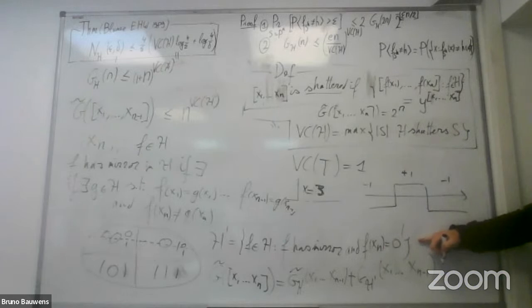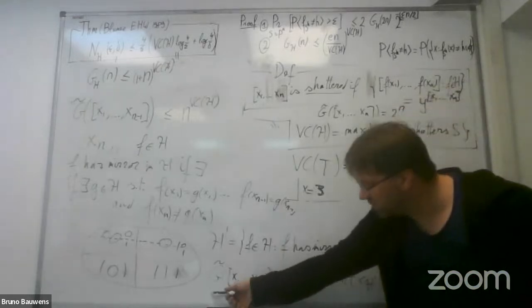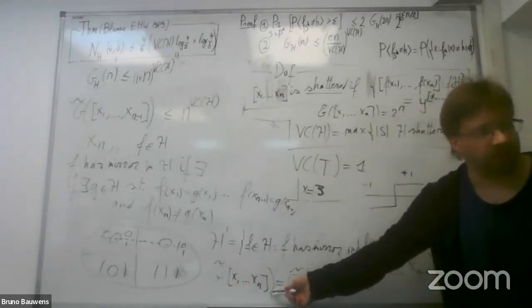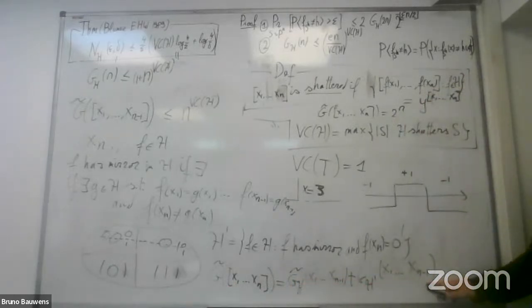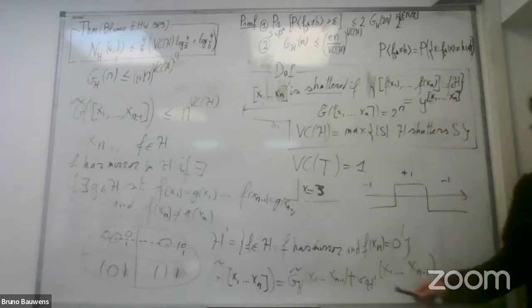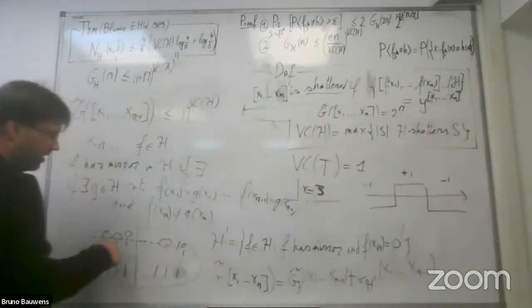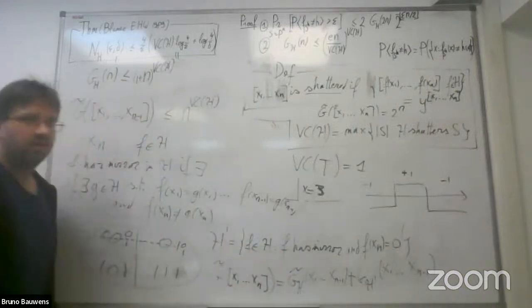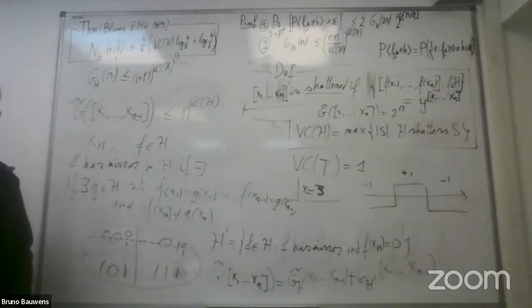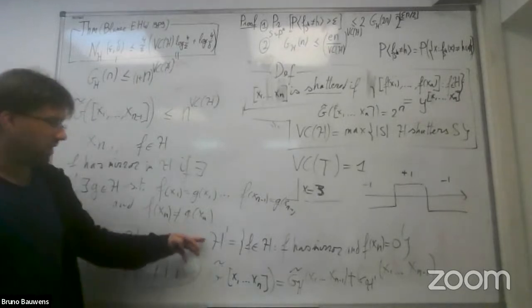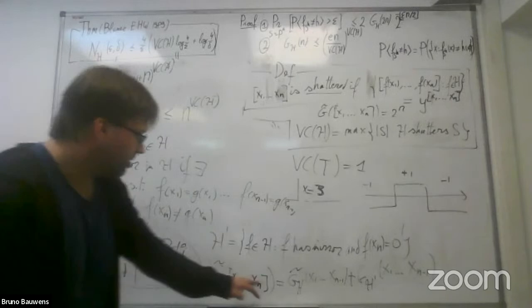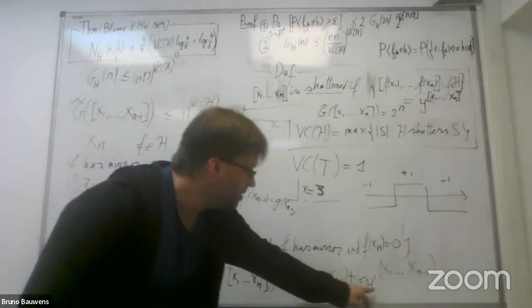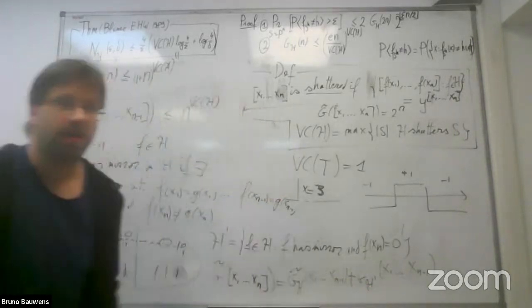Okay, so now it's still true, right? The number of dichotomies by this function equals, well, actually before it was not true, because here we have twice the number of dichotomies. We counted them 3 times in total, so I had to restrict this thing. Now the number of dichotomies is equal to the number of dichotomies of the original class plus the number of dichotomies on the new class.